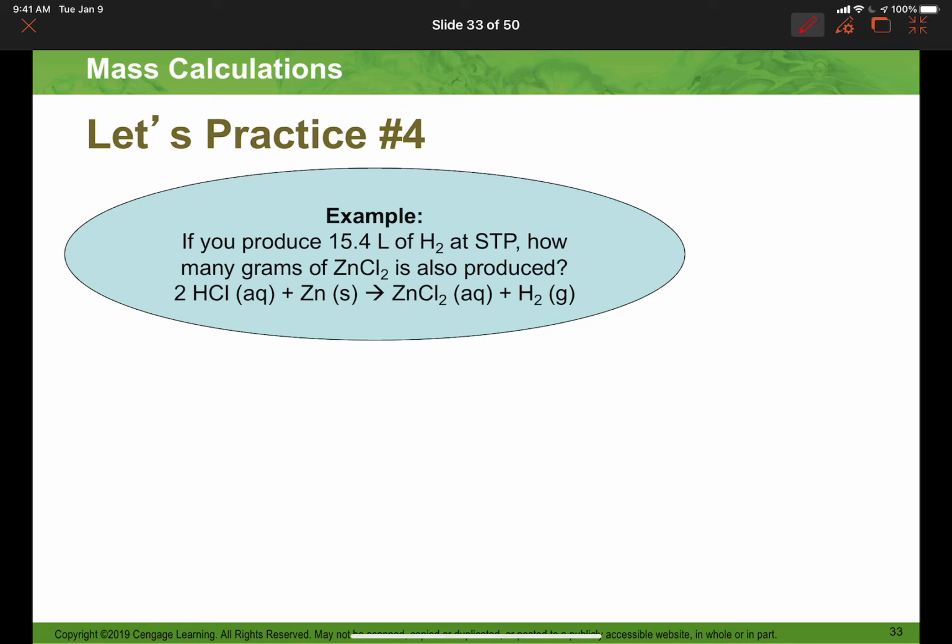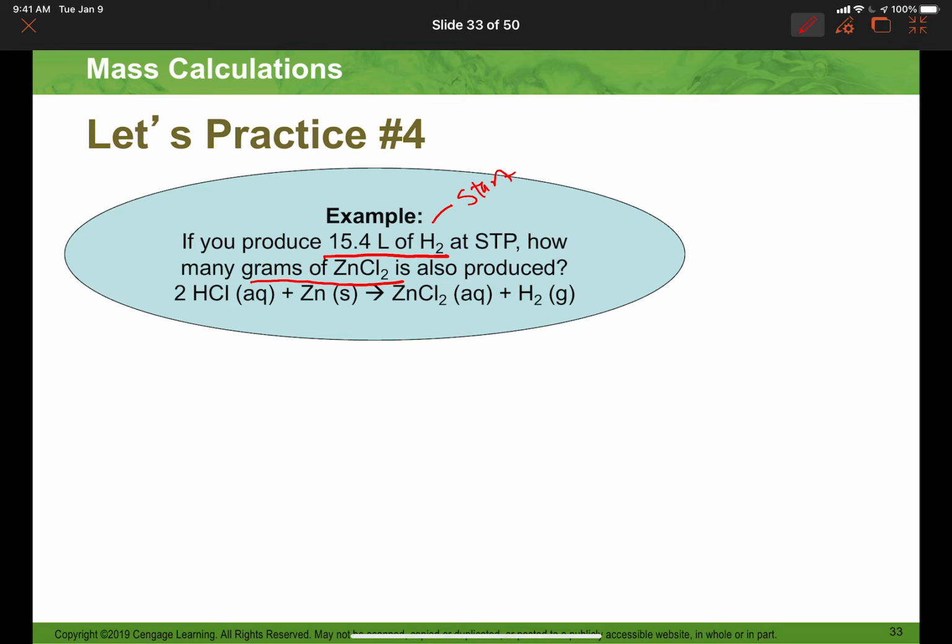This is the final problem that we're going to do today. So if you guys could please pause your video again and attempt this problem for me. So, the question is asking, if you produce 15.4 liters of H2 at STP, how many grams of ZnCl2 is also produced? So remember, wherever you have your number, unit, and compound, that's where you start.